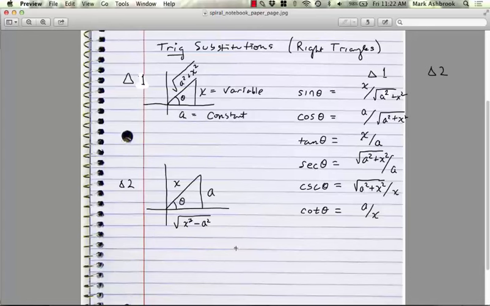Cosecant is 1 over sine. What is sine? Sine is opposite over hypotenuse. So cosecant would be hypotenuse over opposite: x over a.